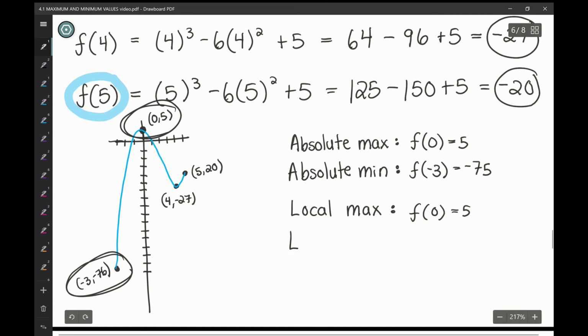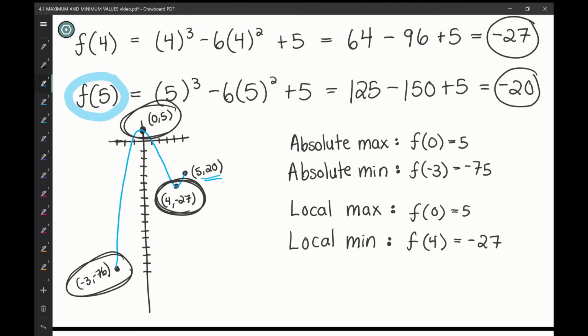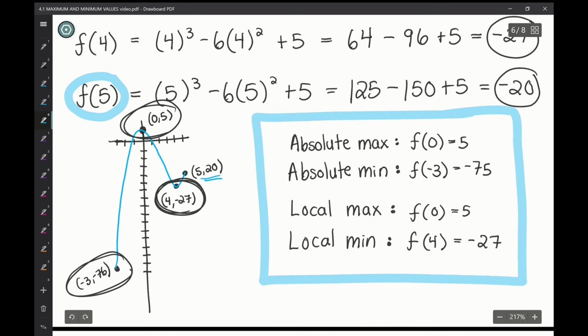Next, let's find our local minimum. Our local minimum is right here at f of 4 is equal to negative 27. Since negative 3 is one of our endpoints, it is not a local minimum. These are all the extreme values that we have for that function over that interval.